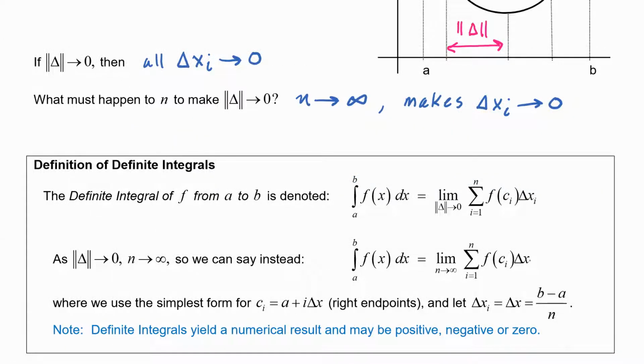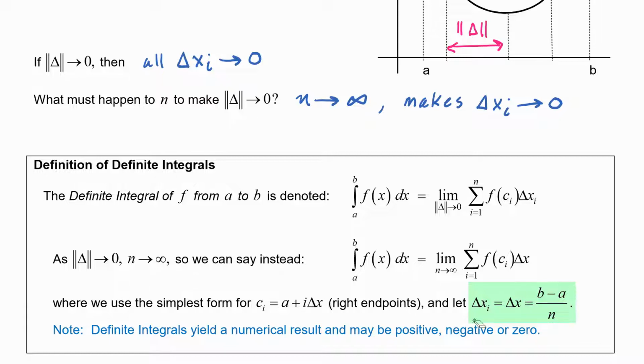As n goes to infinity, the left endpoint and the right endpoint of the interval all go crashing together, so essentially they become the same point. So we can use the simplest form for c sub i, being a plus i delta x, and let all the delta x sub i equal delta x, which is b minus a over n.